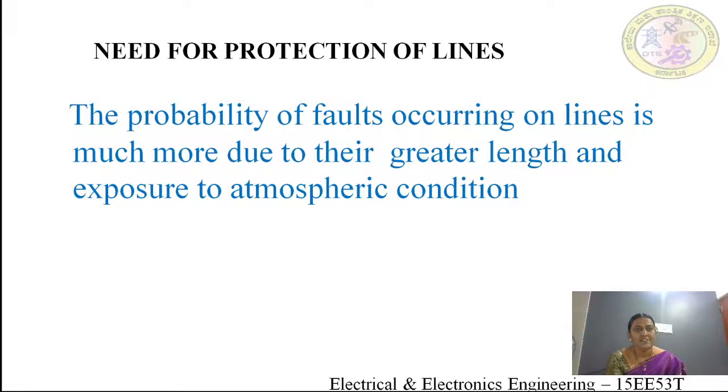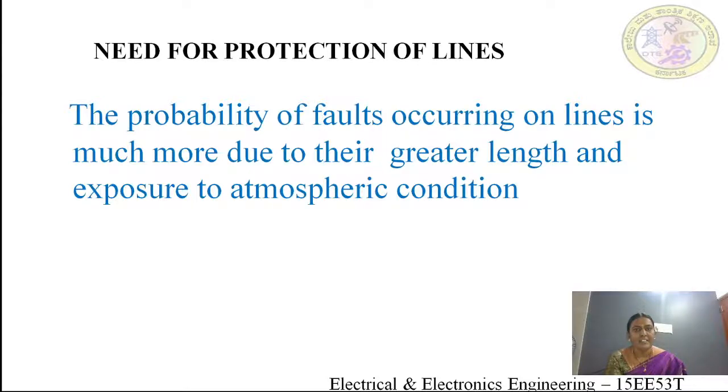The generating station is far away from the distribution station, and from the distribution station to our MUSS there is a greater length of transmission line. This greater length of transmission line is exposed to all types of weather conditions. Therefore, we need to protect a transmission line.